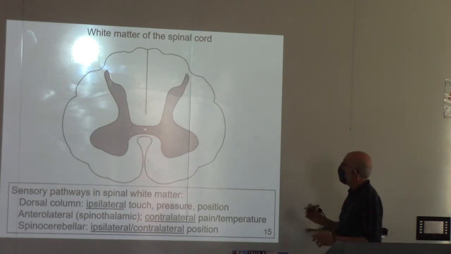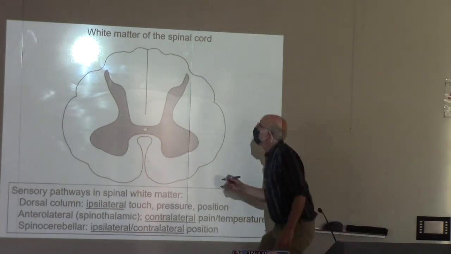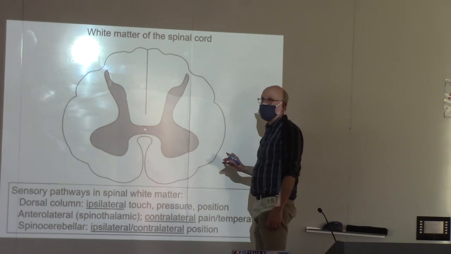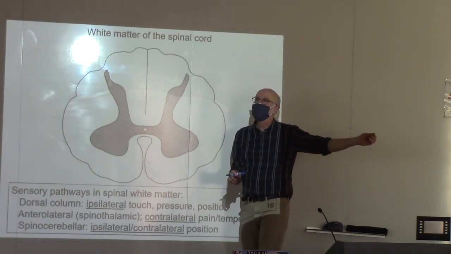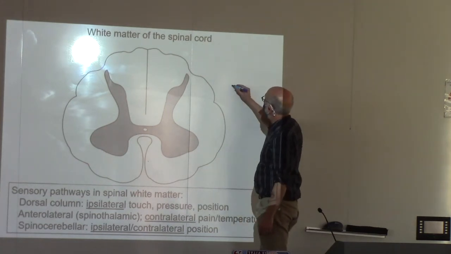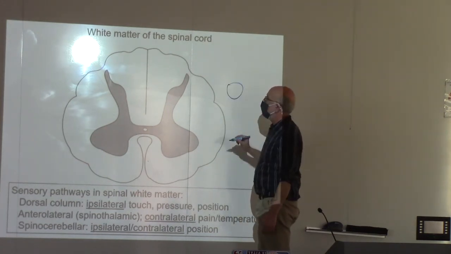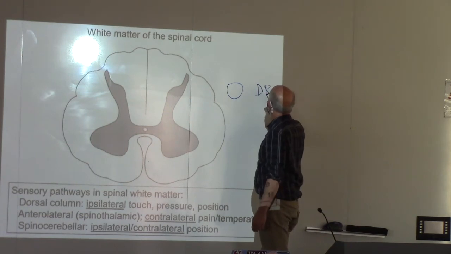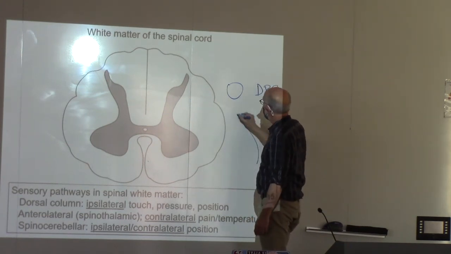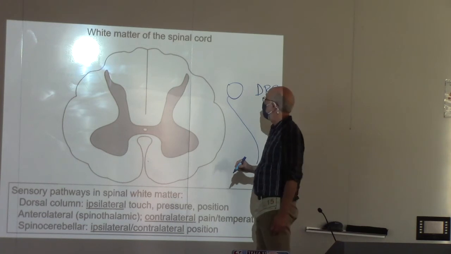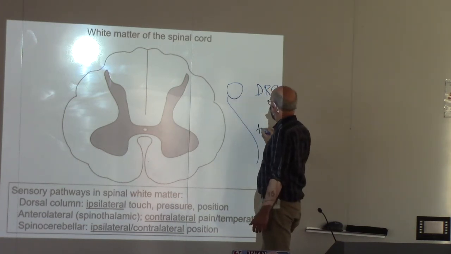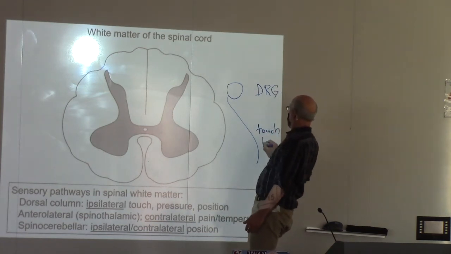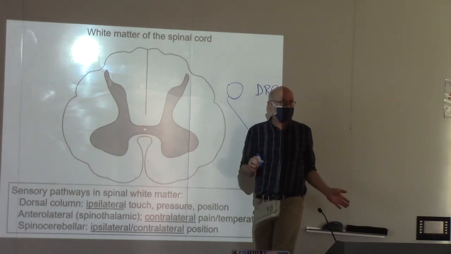So let's take touch and pressure from the left hand first. Touch and pressure, so here's the dorsal root ganglion. Here is the neuron axon coming into the dorsal root ganglion, carrying touch and pressure information from the left side of the body.